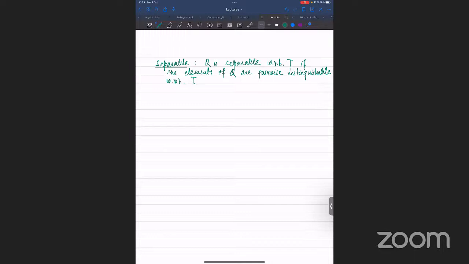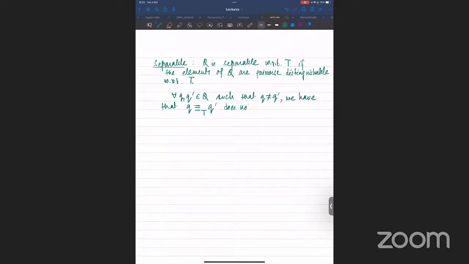Or stated otherwise, for all Q, Q prime such that Q is not equal to Q prime, it is not the case that they are indistinguishable with respect to T. So that means Q is separable.